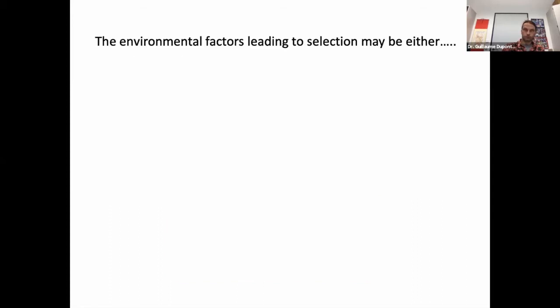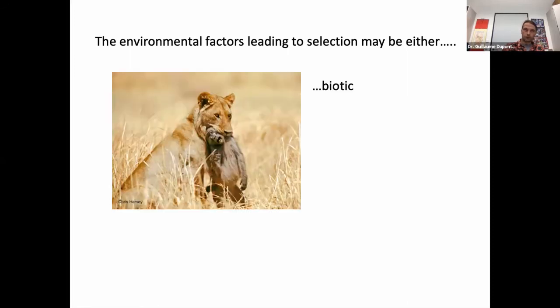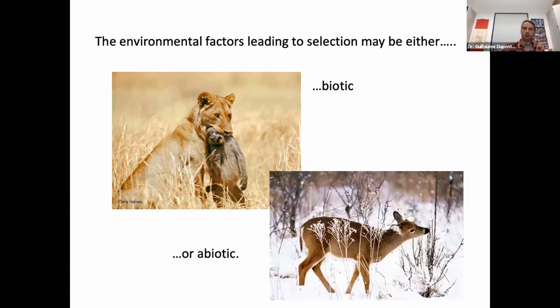And so we have biotic competition, like predation, which is a very severe case. And then we have abiotic competition. Resources are limited, for instance, by seasonal cycles. In the winter, the deer has less to eat.